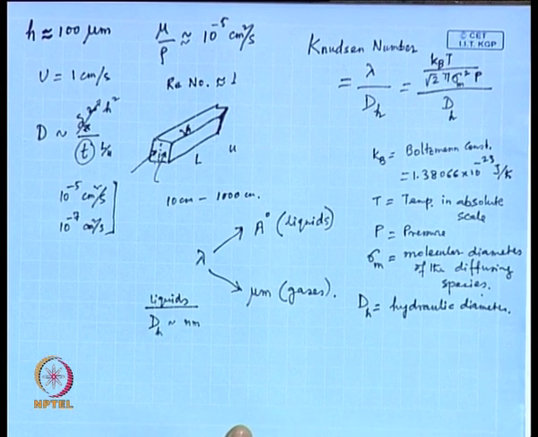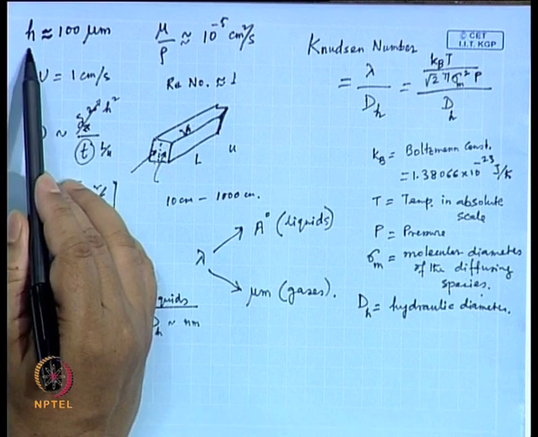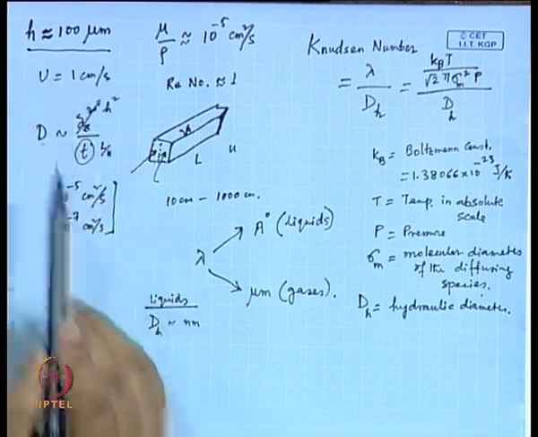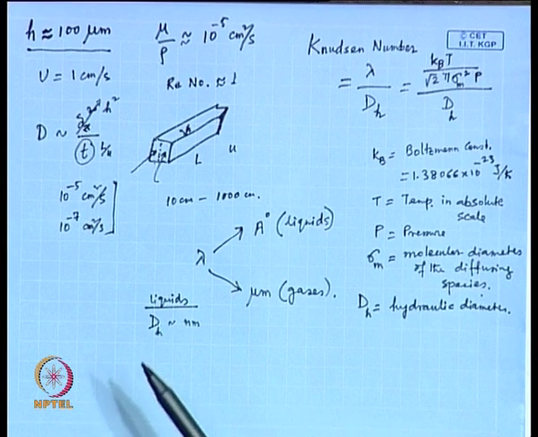Possibly if you are working with a separation process where you are separating some molecules within the liquid, then probably you would be working with that kind of range. But for a microstructure device, at the very outset we said the channel dimension is 100 micrometer. So, for that kind of size, the Knudsen number is not important for liquids.